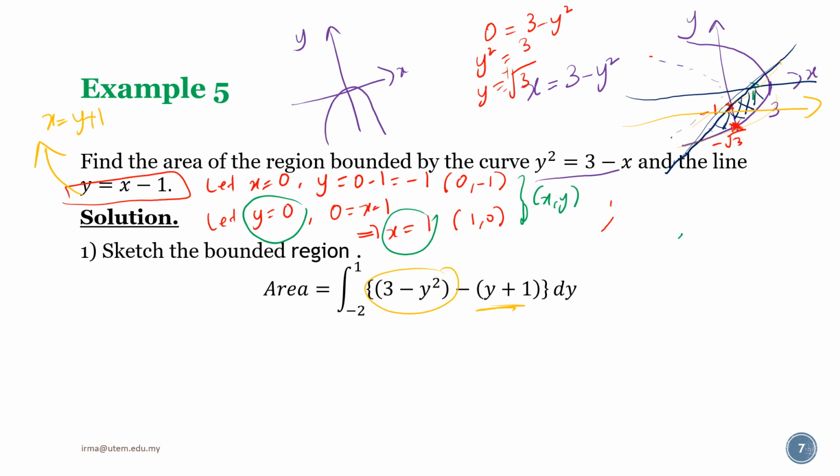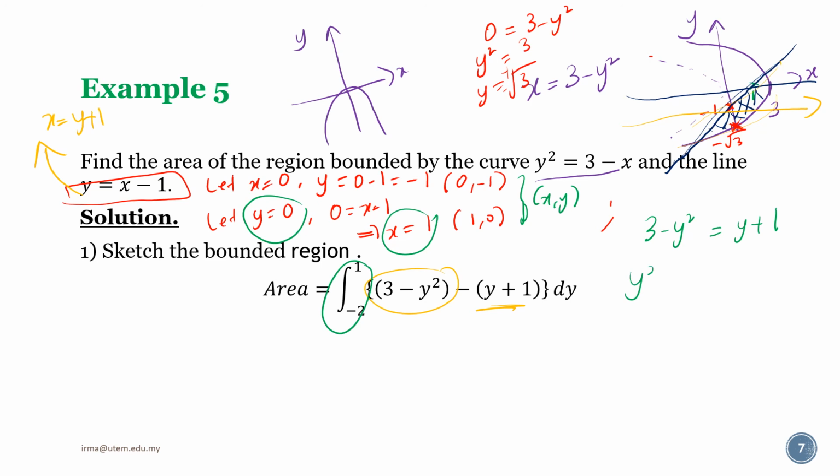To find the limits of integration, we equate the equations. Where is the function just now? x equal to 3 minus y squared, so you have 3 minus y squared equal to y plus 1.